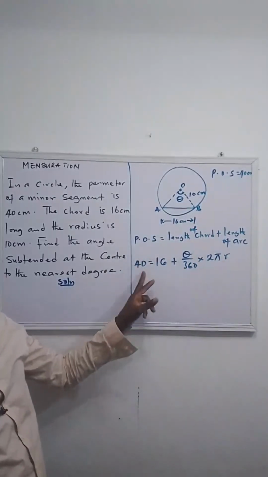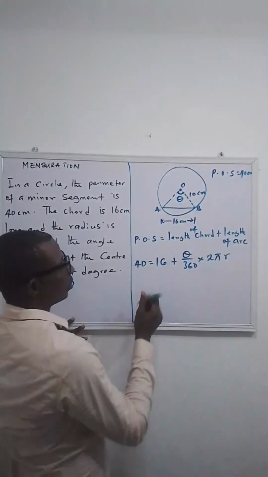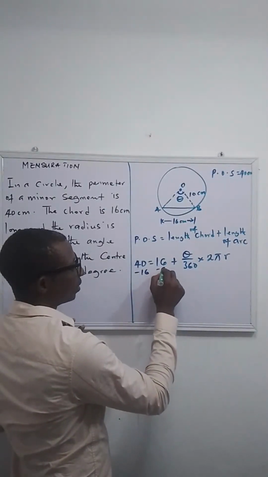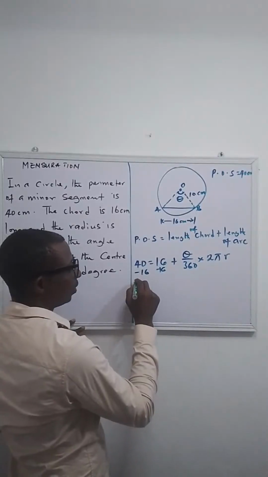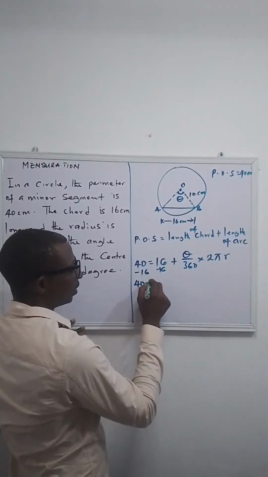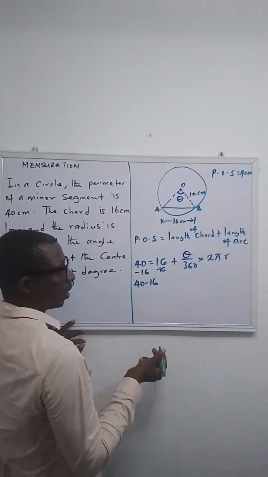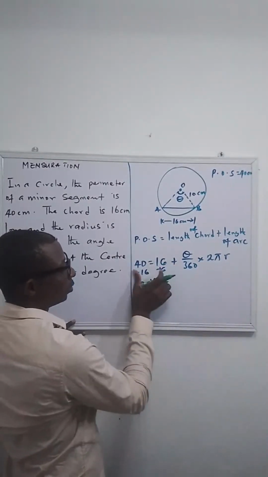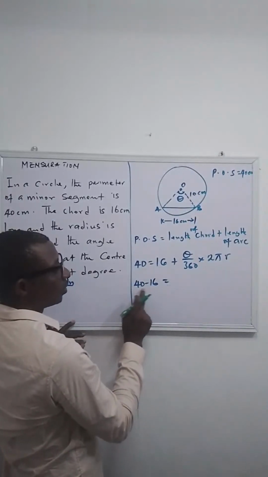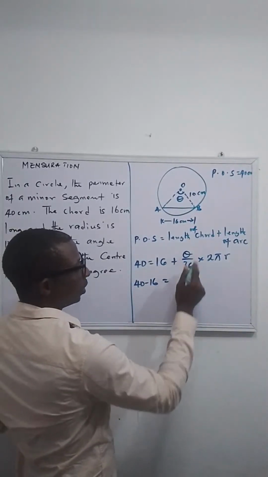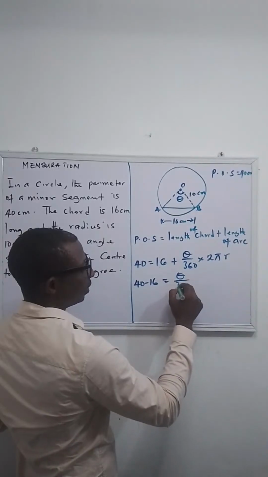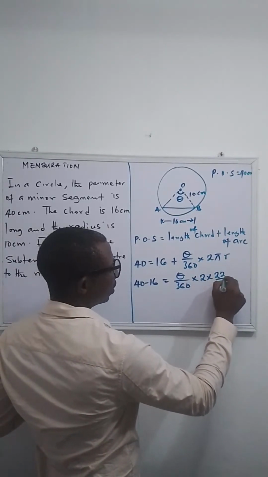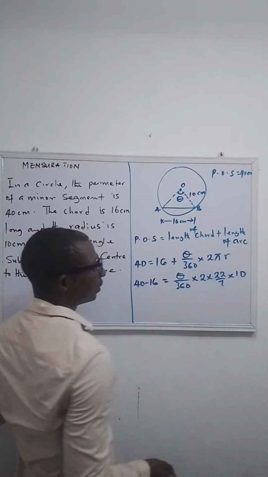Let me move this one to this side. So I will subtract 16 here, and I will also subtract 16 here. So we have 40 minus 16 on this side. Do you understand that? This one will have given you 0. So we have 40 minus 16 equals theta over 360 times 2 times 22 over 7 times 10.